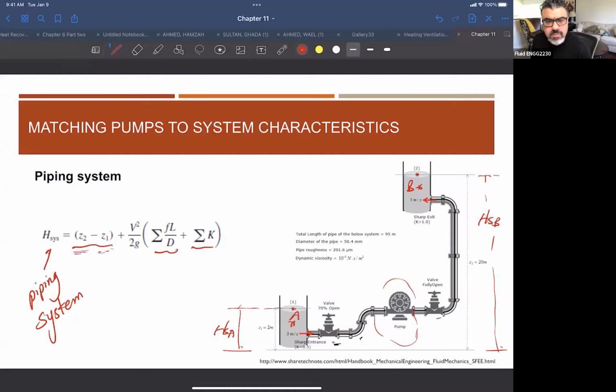And the losses, if you remember, are a function of V squared over 2g. If you talk about eddy losses, it is K V squared over 2g. If you're talking about the friction losses, it is fL V squared over 2g. Which means V squared over 2g times this value here.